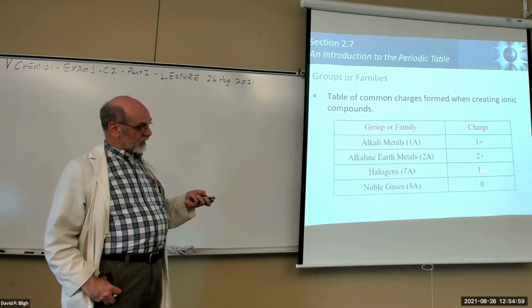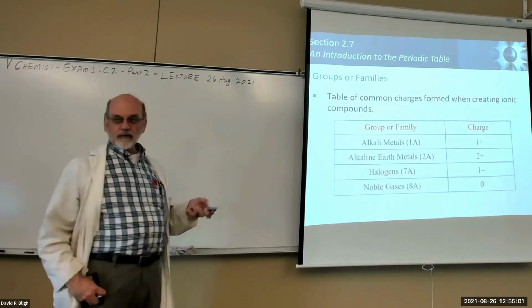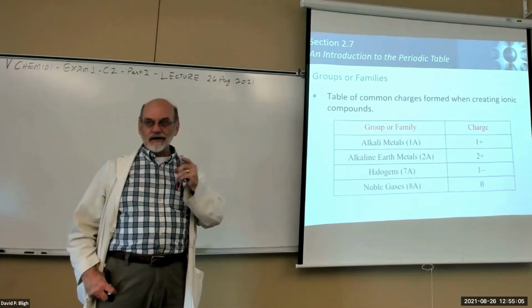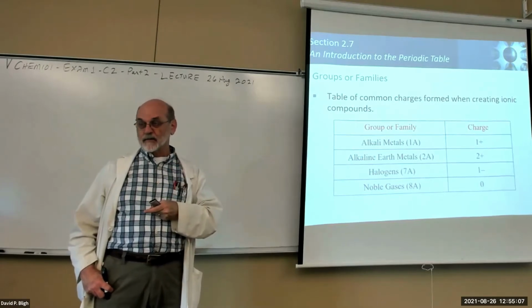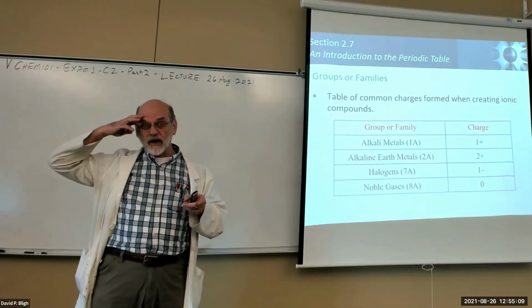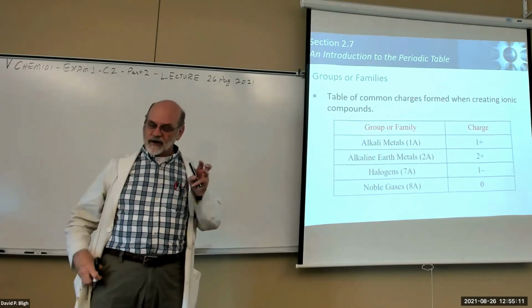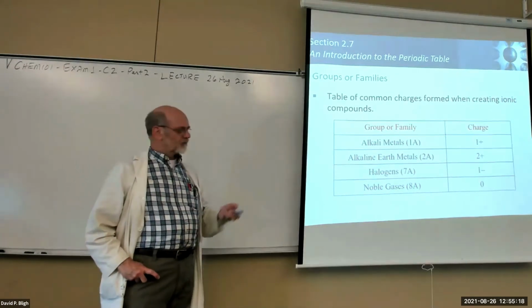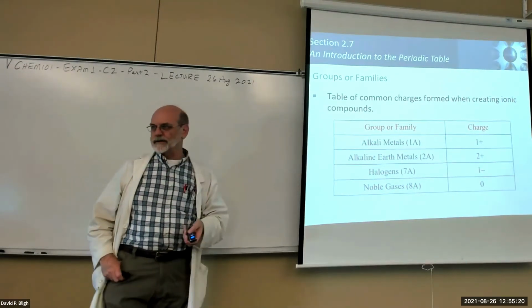Halogens on the other end of the table, they always form a 1- charge when they react and form ionic compounds. Remember, nonmetals can form covalent compounds. So when they form covalent compounds, then all bets are off, except for fluorine. Fluorine is always -1, no matter what.